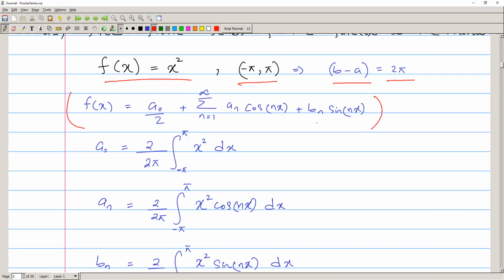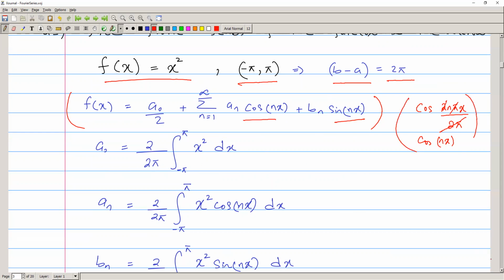As I told you earlier, for 2 pi it becomes cos nx, because when we divide by 2 pi, this cancels out and we are left with cos nx, and similarly sin nx, right?